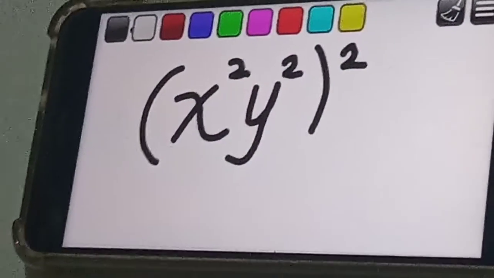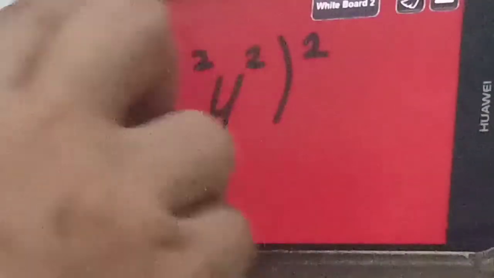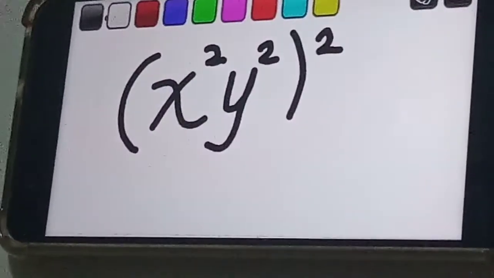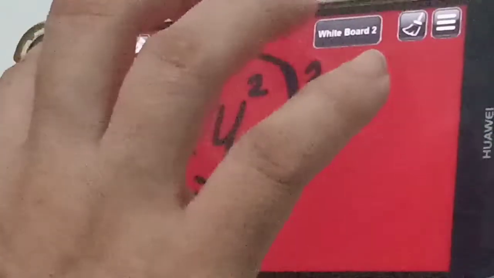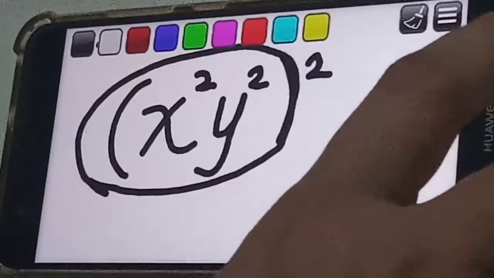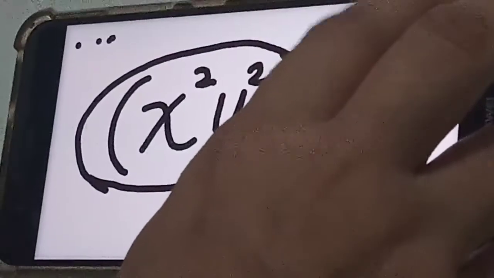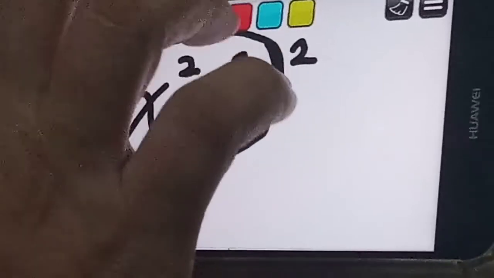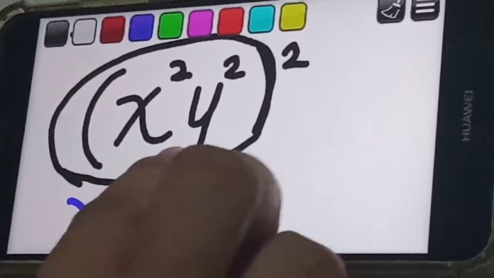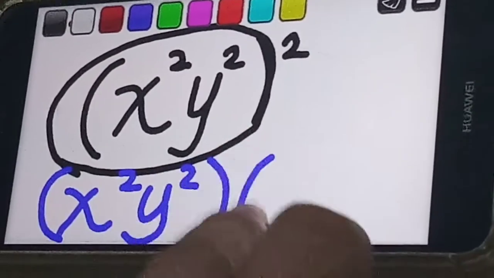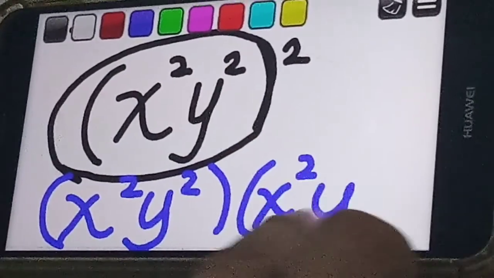In expanded form, this will be considered as your base. This is your base. x to the second power, y raised to the second power, times x to the second power, y raised to the second power.